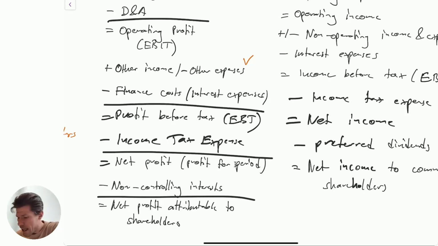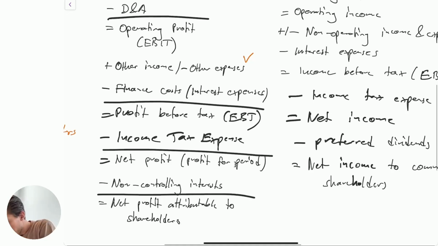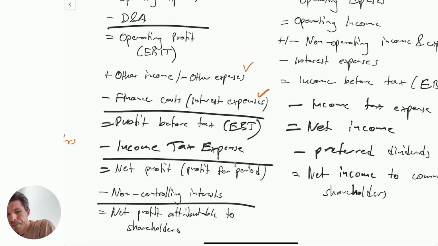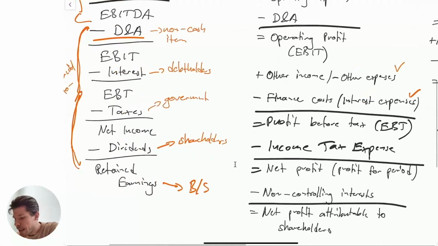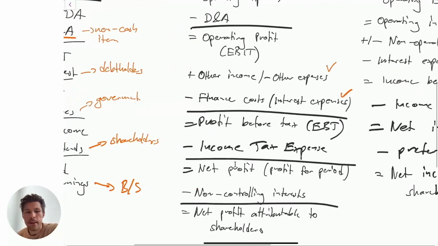Then we have finance costs. This specifically refers to interest expense and other borrowing costs. And IFRS separates finance costs from operating expense to clarify the impact on profits. It's similar to what I had here with interest, but it's named slightly different.